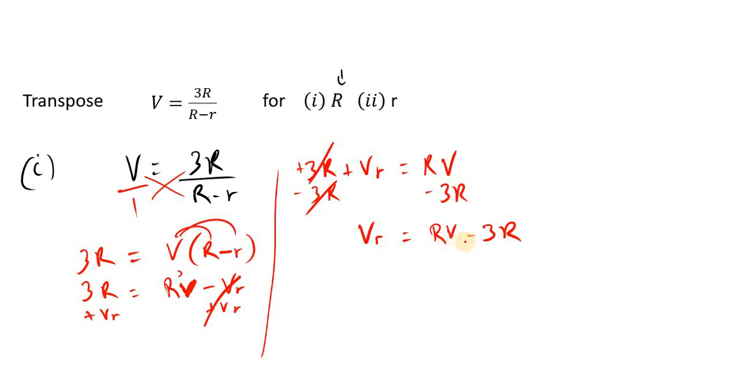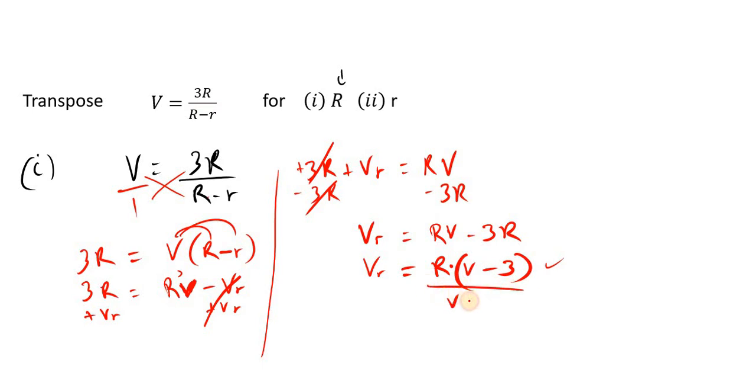So now we can actually factor out the R. By distributive property, we'll have V minus 3, because R times V is RV, and R times 3 is 3R. Now that we have one capital R in the formula, we can isolate this capital R. Notice that this capital R is multiplying the binomial V minus 3.